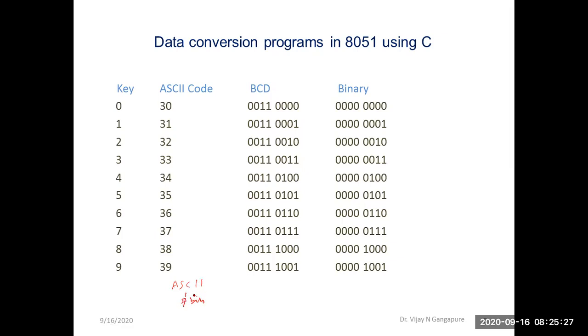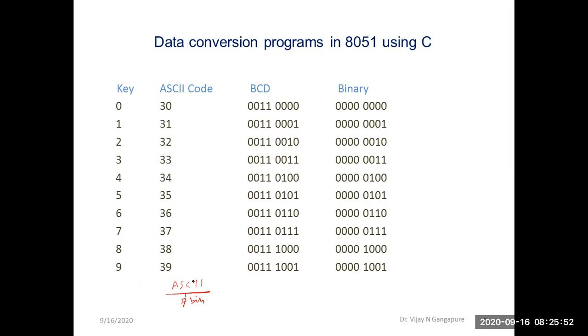A 7-bit code means each key on the keyboard, whether a numeric key, capital or small alphabet, or any other character, each letter or symbol is assigned one standard code, and that is called ASCII code.